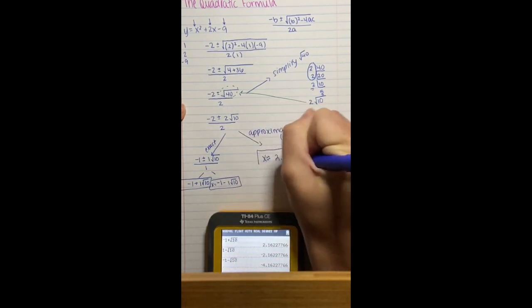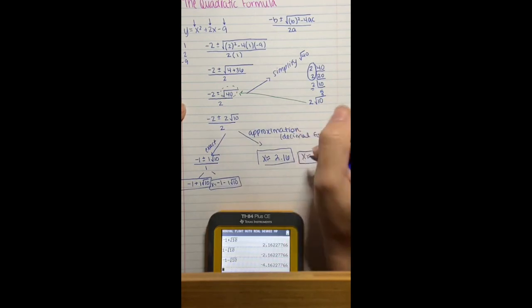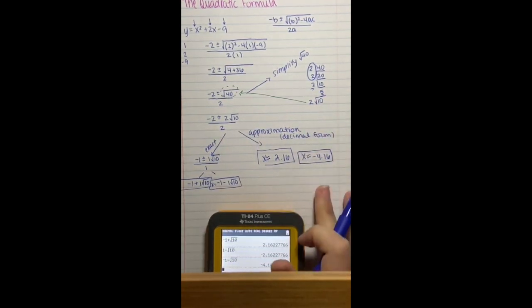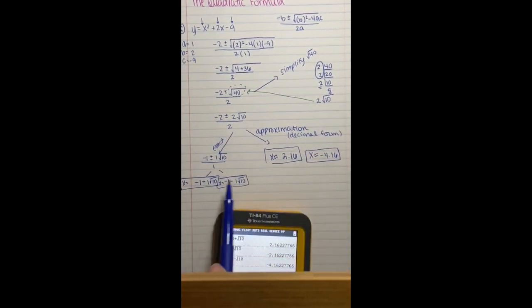And these are our two approximations of the answer. These two answers are the same exact thing as these two answers. They're just in a different form. One is in simplest radical form, which is a little bit of work, and this is going to be our decimal approximation.